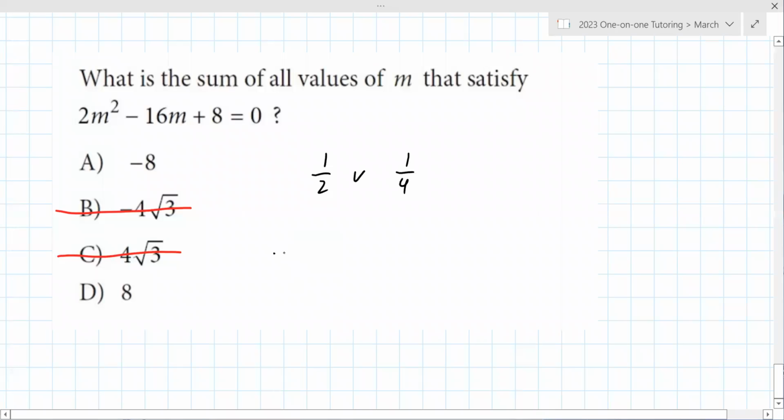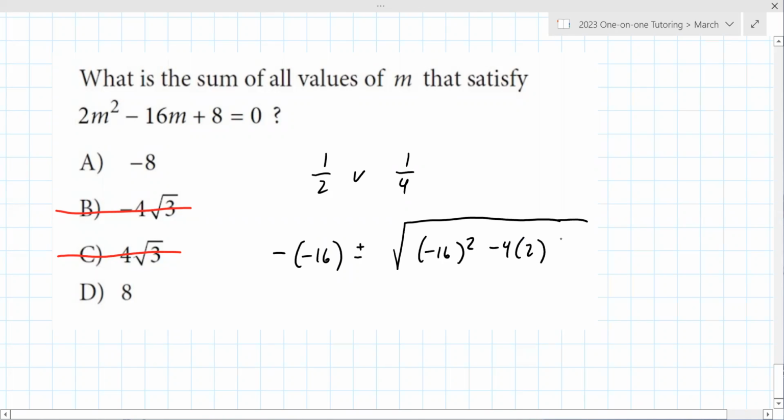It's going to be minus 16 plus or minus the square root of minus 16 squared minus 4 times 2 times 8, all over 2 times 2.